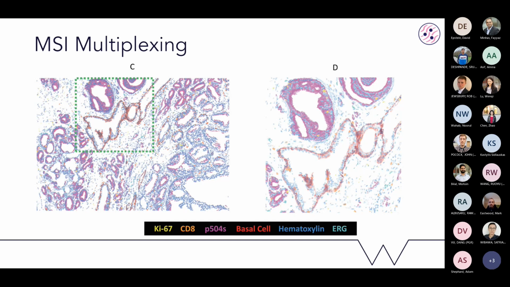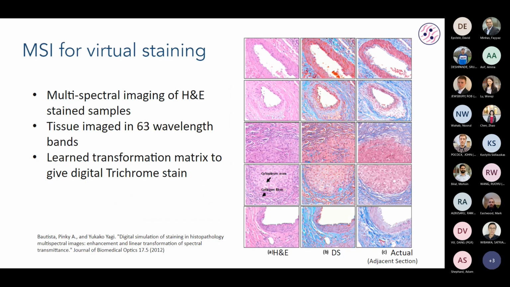I'm going to quickly go to one more, which is learning a virtual staining. They've essentially imaged normal H&E images in 63 different wavelength bands, and then learned a transformation matrix to produce a digital version of Masson's trichrome stain.